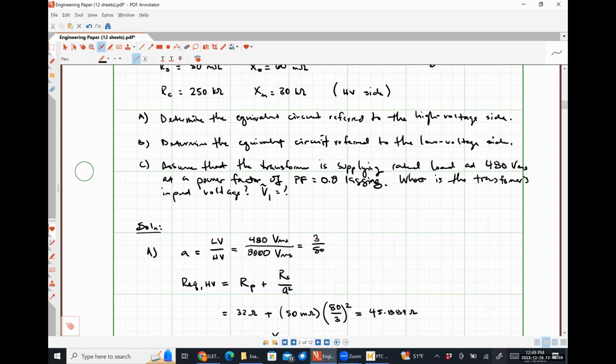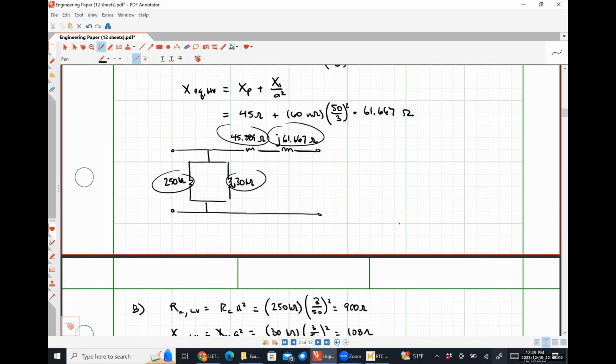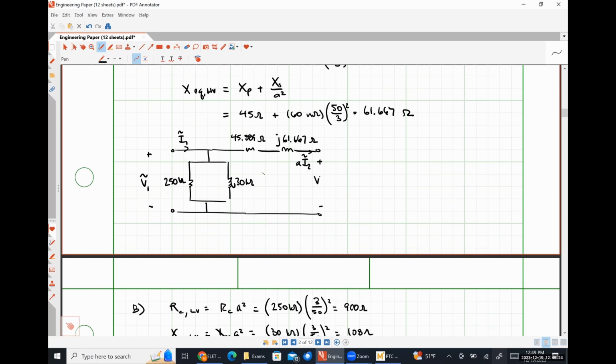Okay, so let me put our voltages and stuff like that in here really quickly. This is the voltage V1 that we're solving for. This is our current I1. This current right here should be A times I2. And this voltage here should be V2 over A. And then we have some load on this thing, right?